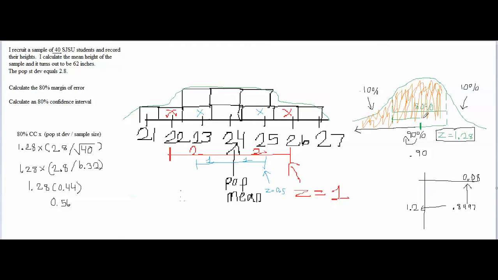The distance from that population mean to the boundaries of the middle 80% of the possible samples that we're drawing from is a distance of 0.56. So that is our 80% margin of error. Don't worry about this 90% down here because I know it might be a little bit distracting. It's just what we were using earlier when we found the total area to the left.